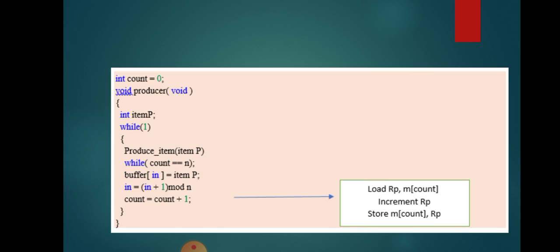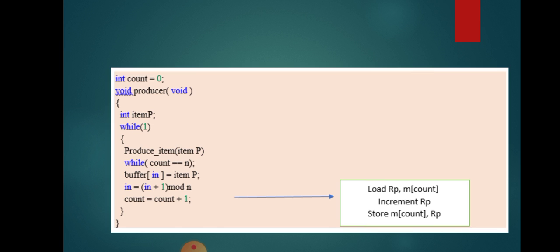The producer is one function. Now, item P is one of the variables we have declared, to track which item we are producing here.